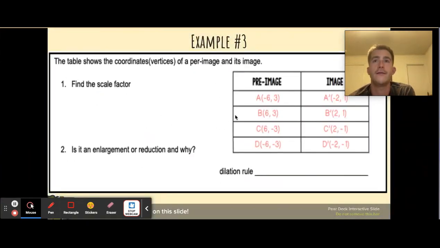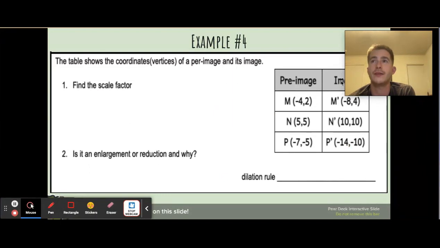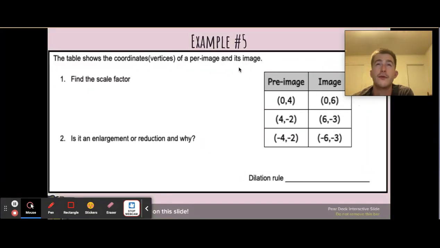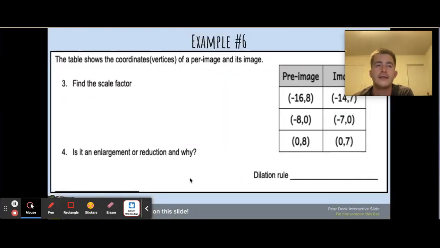Exact type of problem is the same. Everything is formatted the same. It's just different numbers in this table over here. All right, so we're going to find the scale factor. What did I have to multiply by? We're going to find, is it an enlargement or a reduction? And then we're going to write our dilation rule down here. So 3 different things we're looking for on example 4, example 5, and example 6.